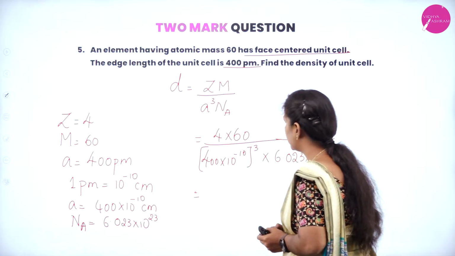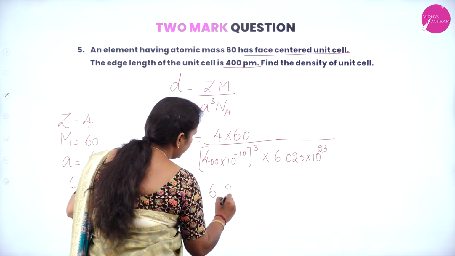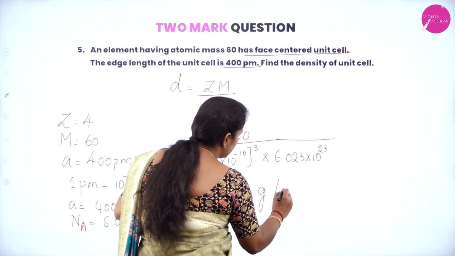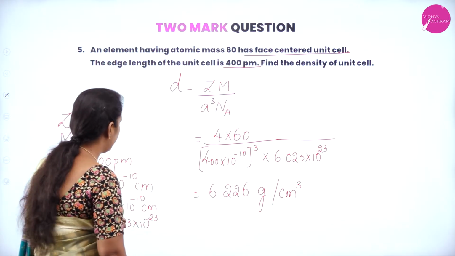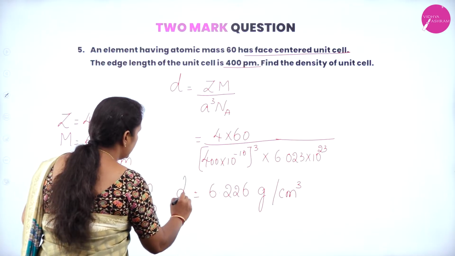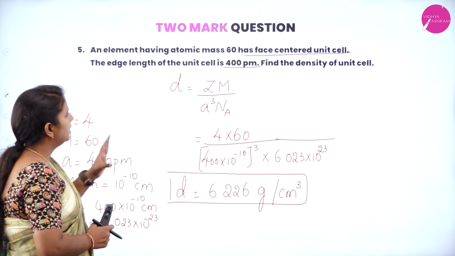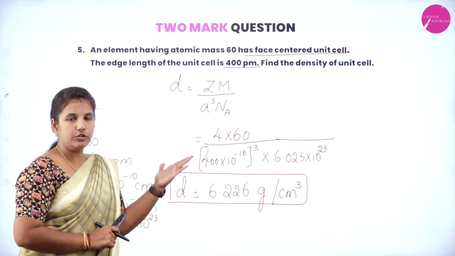Now, if you solve these, you will get 6.226 gram per centimeter cube. This is the density value.